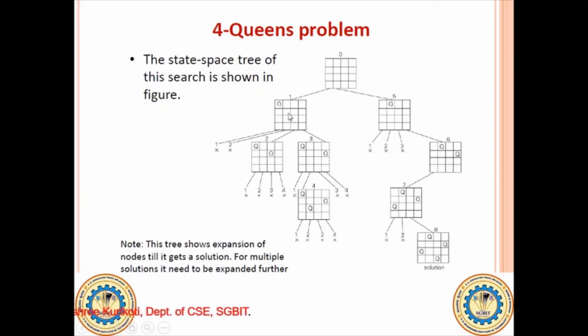Next, observe the second row for this second queen. Can we place it in this second place? No, because these two will become the same diagonal, so we cannot place the second queen in this second place. Hence we have marked it as cross, and it is also a non-promising solution.